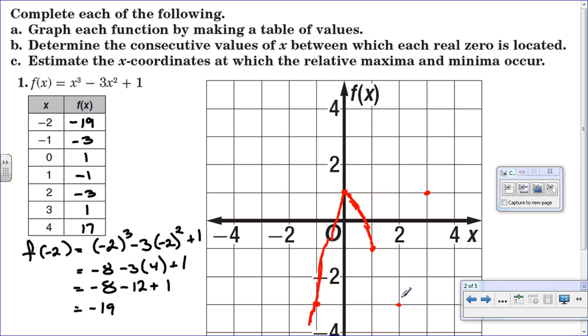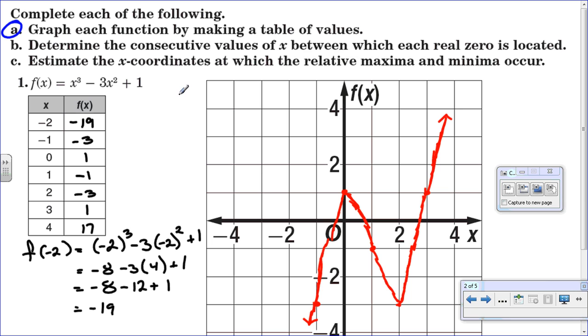This one here curves back up. And then continues to go up. Now, this thing is really more curves than points. Trying to freehand it on the computer is a problem. Okay, so part A is complete.